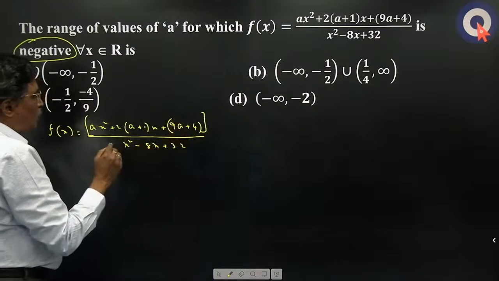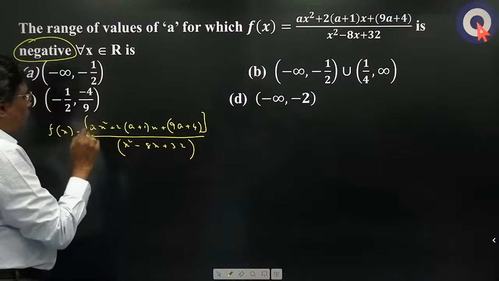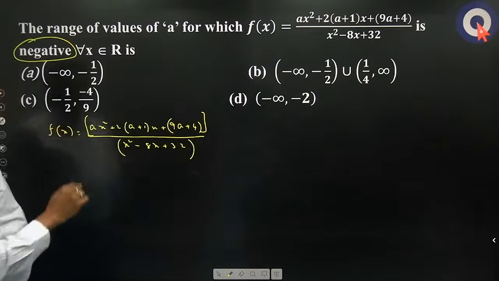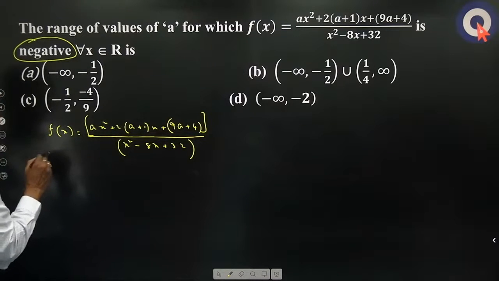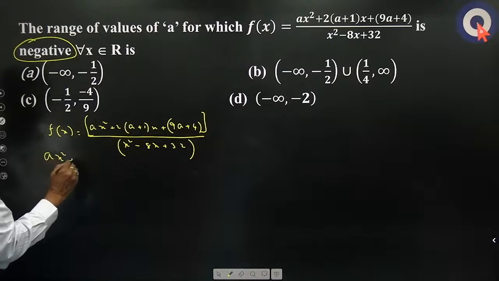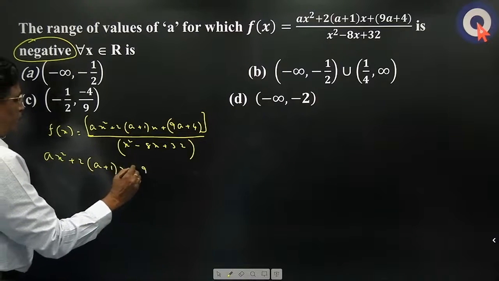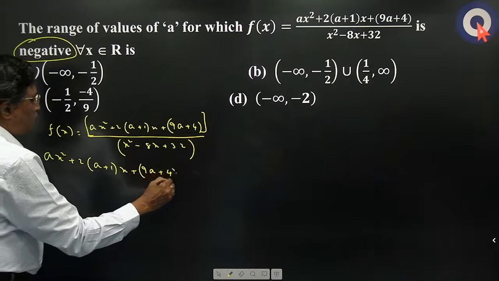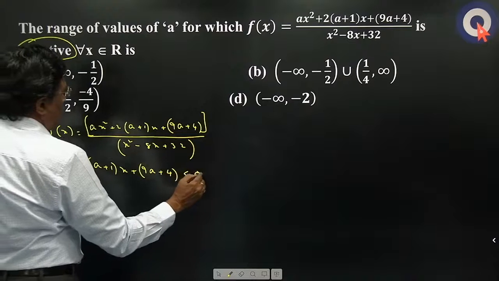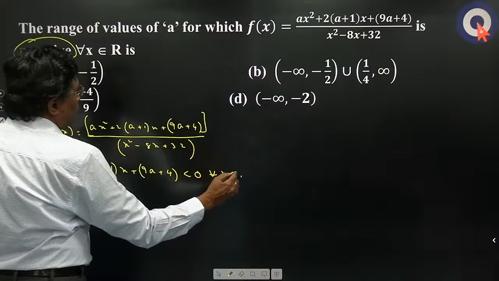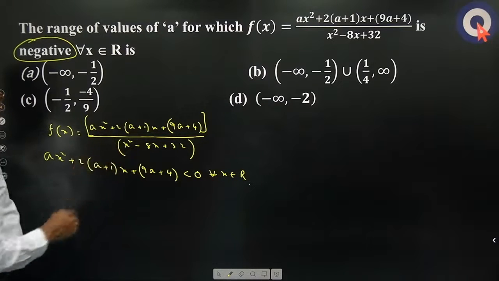Because the denominator is positive for all x belongs to R, for the function to be negative, it is sufficient that the numerator is negative. So therefore, what you require is ax square plus 2 into (a plus 1) into x plus 9a plus 4 has to be less than 0 for all x belongs to R. This has to be negative because the denominator is positive for all x belongs to R.